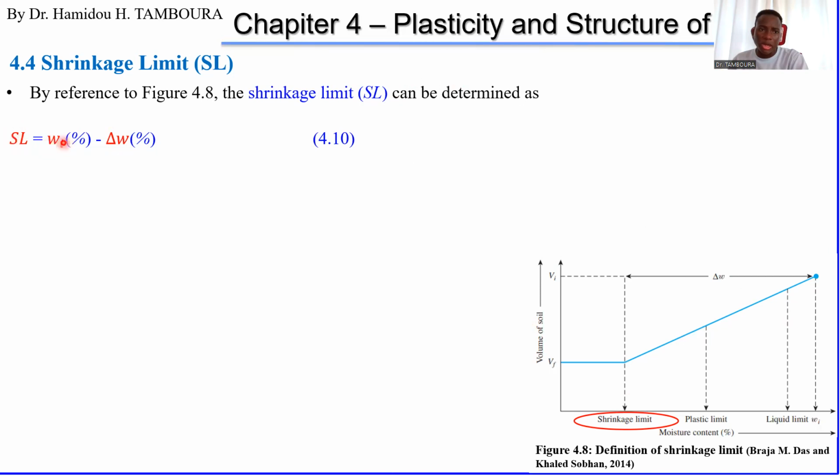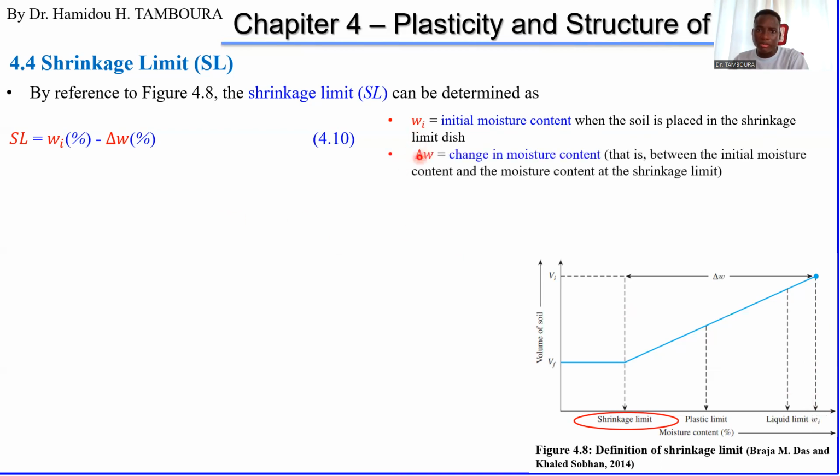This one, omega I, is just the initial moisture content, the moisture content at the beginning when the soil was wet. And then the delta omega is the change in moisture content, the water content from here to here, the amount that is changed.